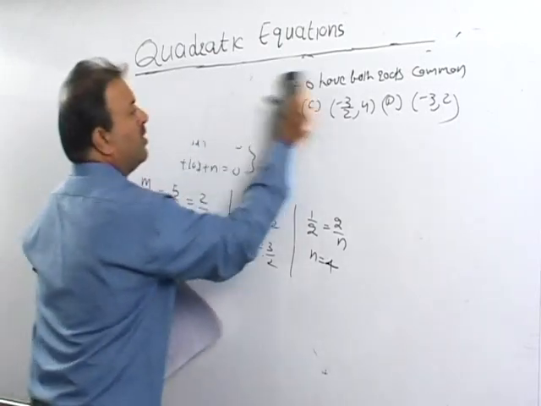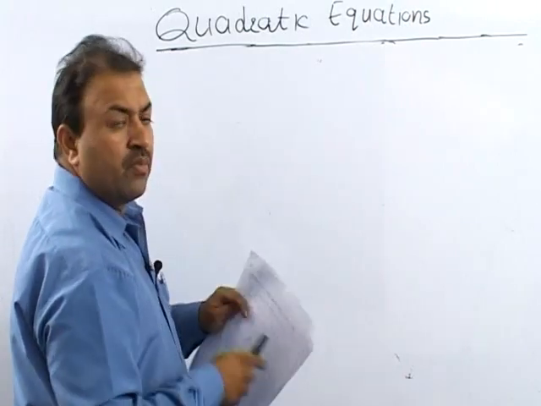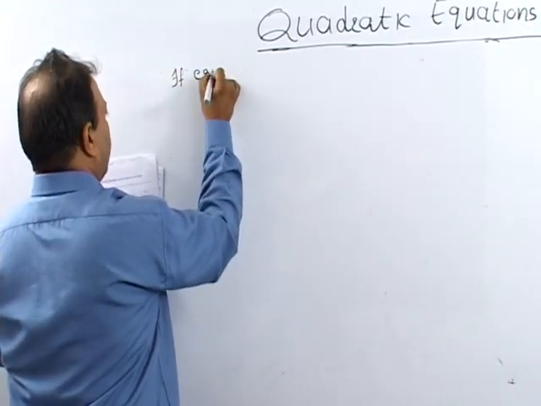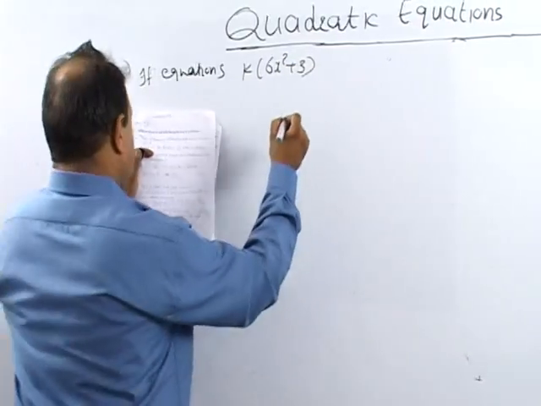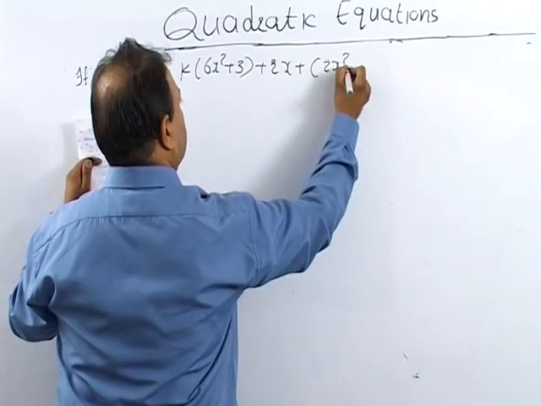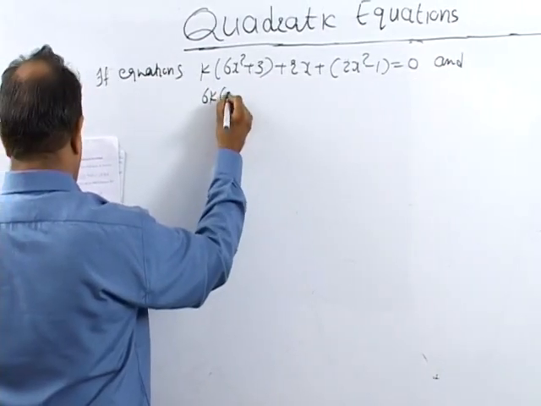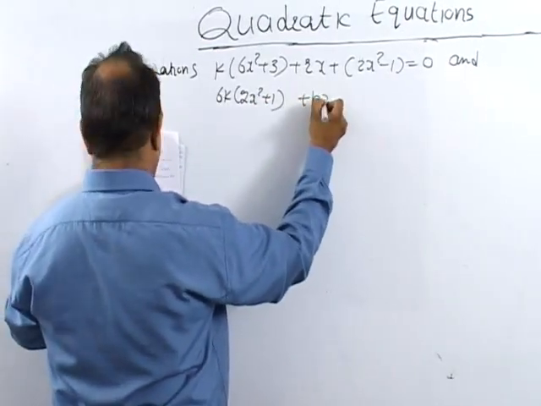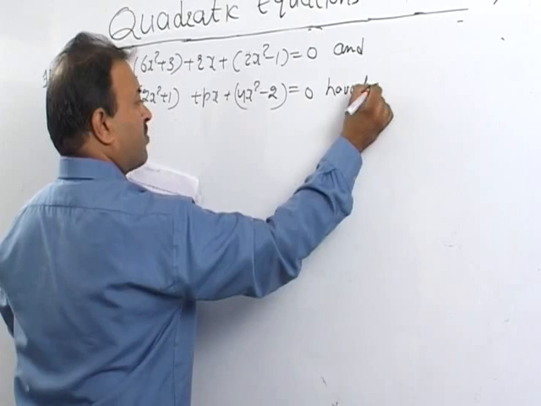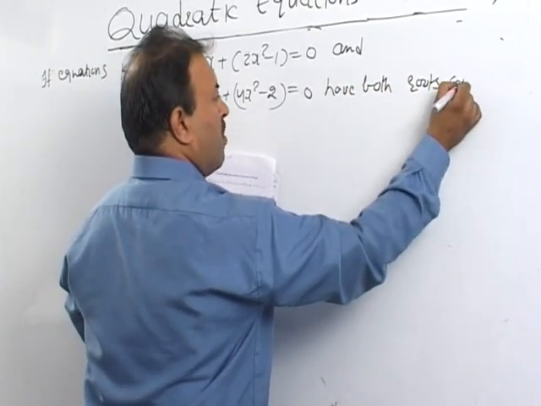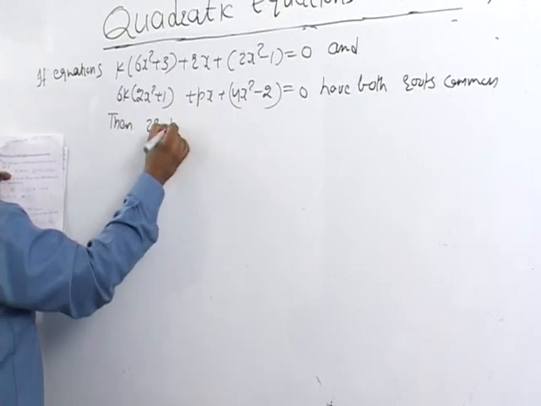Now the next problem is about the condition for equations to have both roots common. If the equations k(6x square plus 3) plus rx plus 2x square minus 1 is equal to 0 and 6k(2x square plus 1) plus px plus 4x square minus 2 is equal to 0 have both roots common, then we have been given 2r minus p is equal to what?